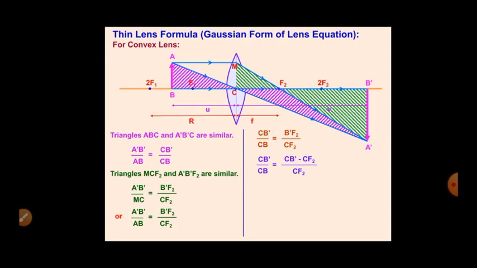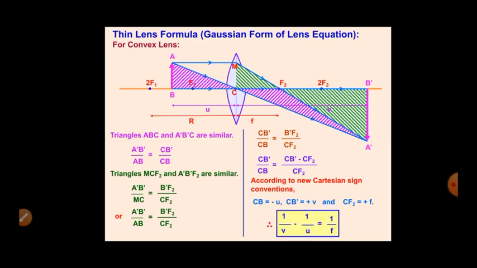CB is what? That is the object distance. Again CF2 is what? That is the focal length. So let's put all the values here now, and also apply the Cartesian sign convention. Then you can see the values here by application of this sign convention. And if you put all the values, then you will get this formula, that is the Gaussian form of the lens equation.